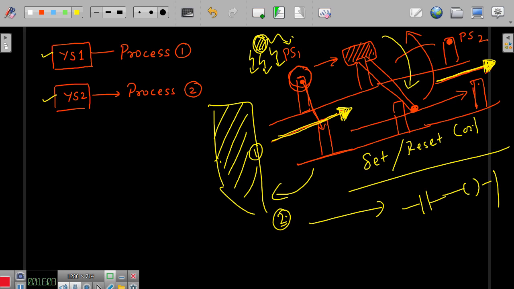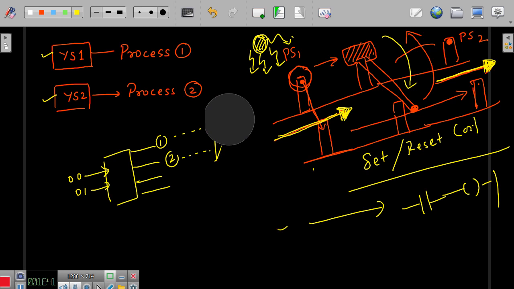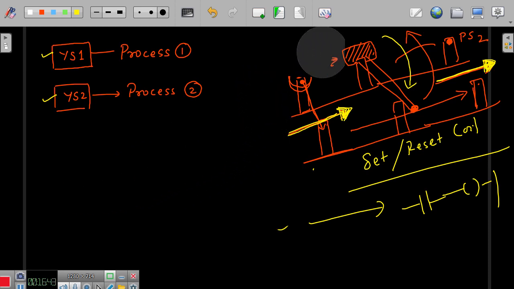It is like having the logic 00, 01, 10, 11, right? It is a kind of multiplexing or decoding operation. But after that some actions take place. So now I have two switches here. I can have 4 different combinations. Now I am taking care of only process 1 and process 2, which have their own executions here, 00, 01 or something like this. So now for these, we will have to write the ladder diagram.